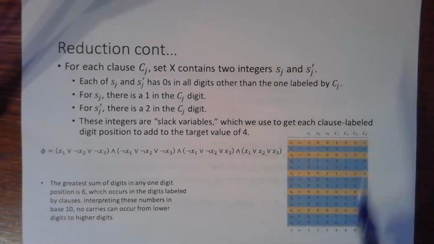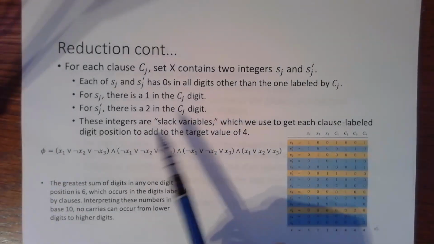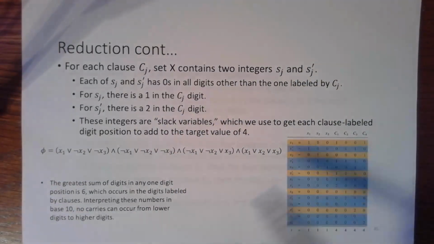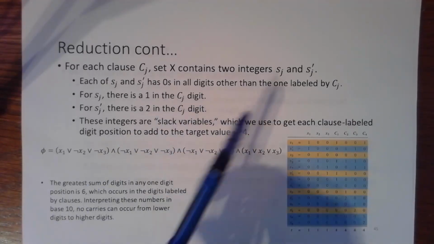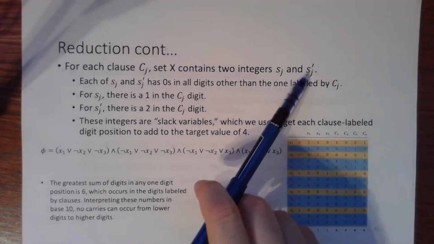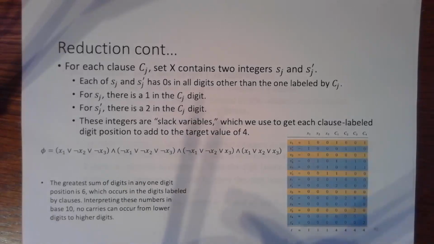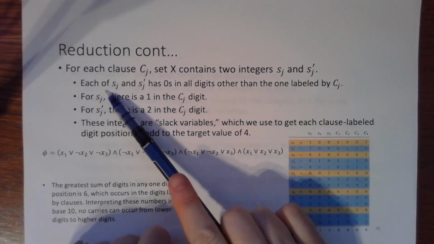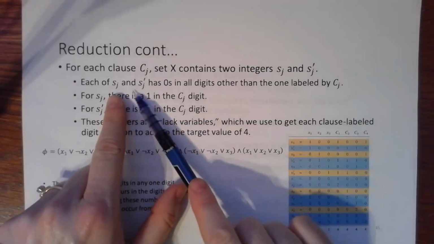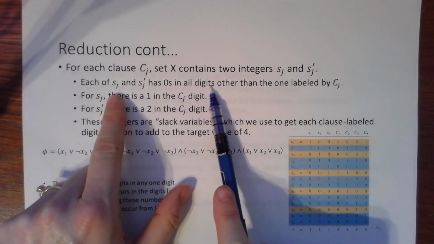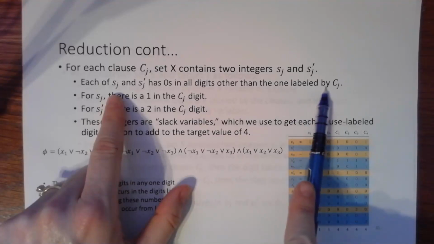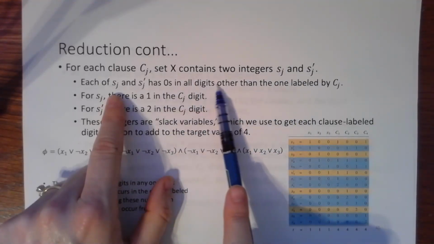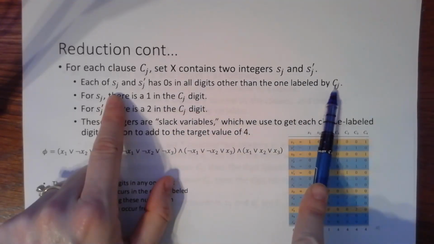Next, in addition to the v variables, we're going to add two numbers, sj and sj prime. These are called slack variables. And we define them as follows: they have 0 in all digits other than the one labeled by Cj.